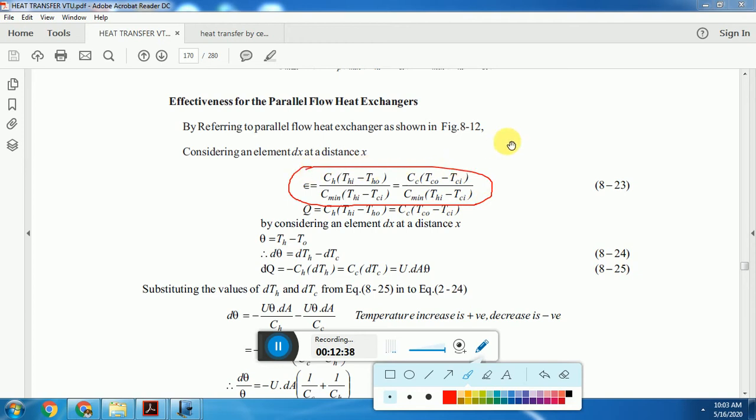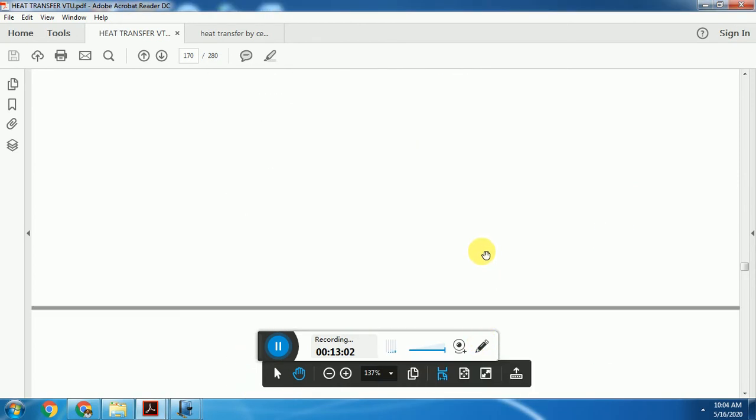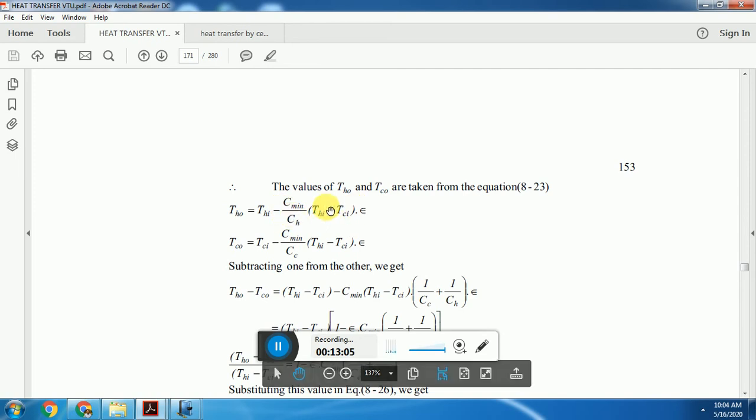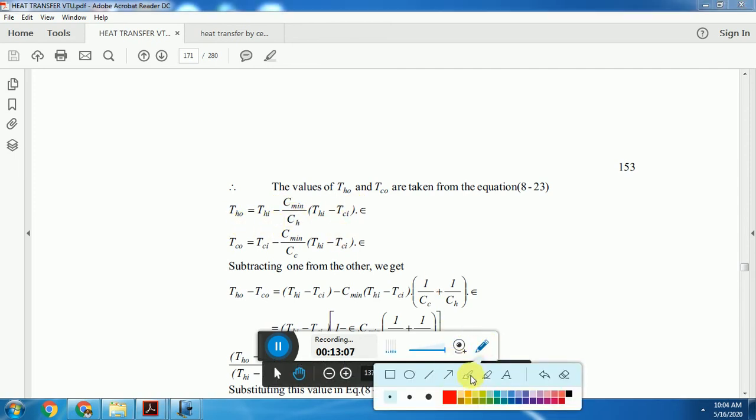From this, if I simplify it, if I want to get Thi as one term, if I take it in the numerator and simplify, I will get Th naught. If I simplify, I will get Th naught is equal to this one, from equation 8.23, that is nothing but the equation for effectiveness.